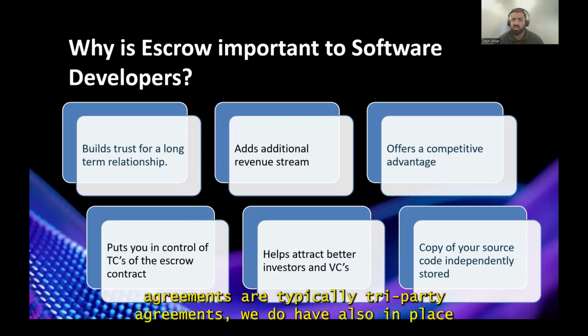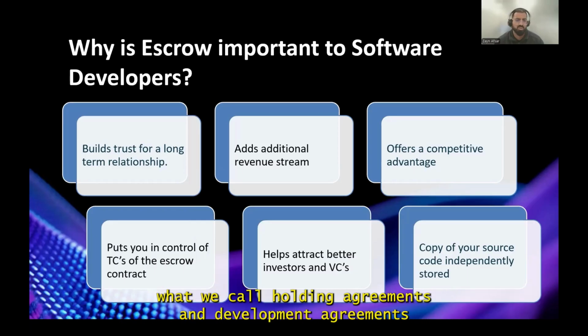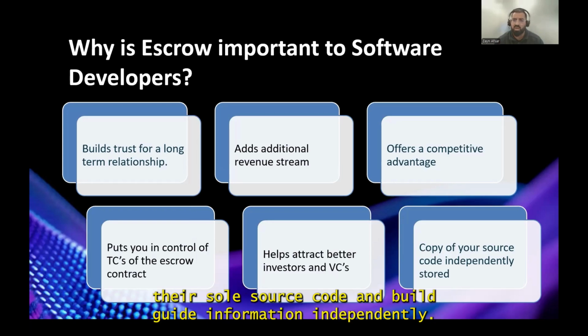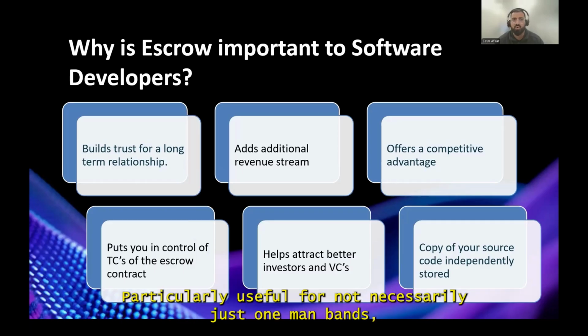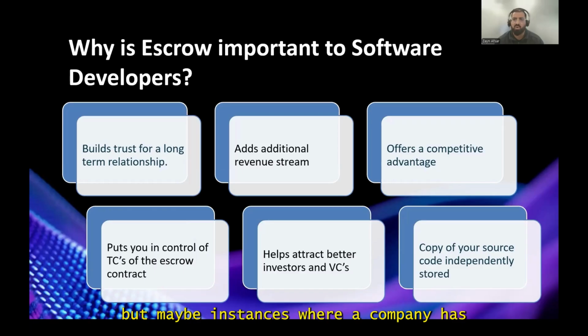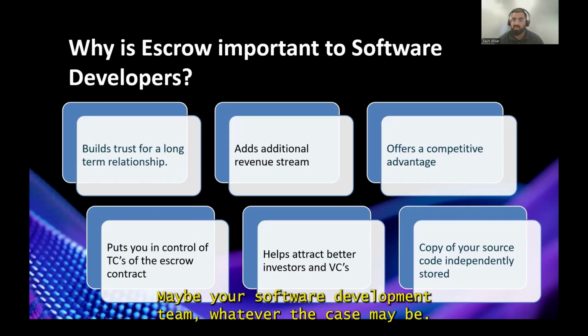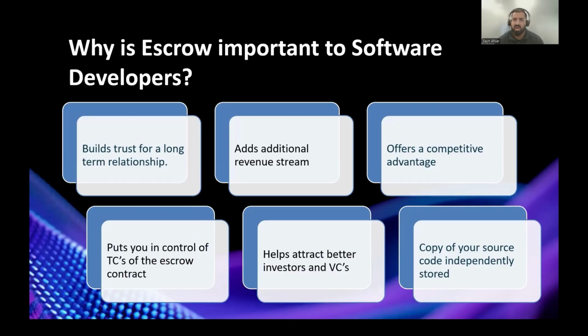So whilst escrow agreements are typically tri-party agreements, we do have also in place what we call holding agreements and development agreements that software developers use to ensure that they can always access their source code and build guide information independently, particularly useful for not necessarily just one-man bands, but maybe instances where a company has an increased amount of knowledge shared between a small amount of personnel, maybe your software development team, whatever the case may be.